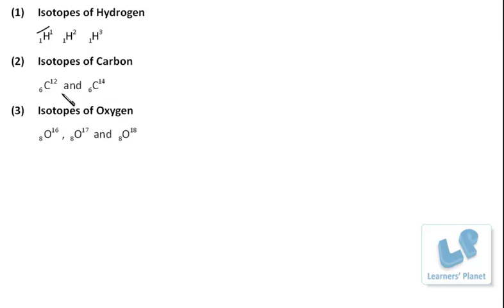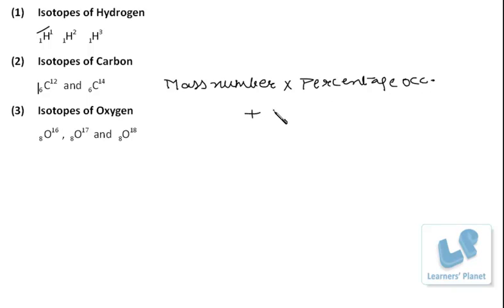That is, the mass number of an isotope multiplied by the percentage occurrence of that isotope plus the mass number of the second isotope multiplied by the percentage occurrence of the second isotope.